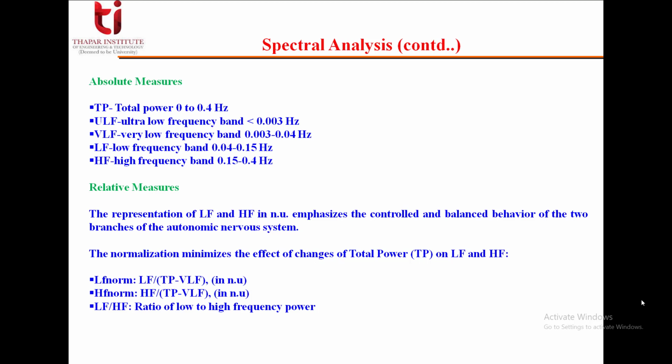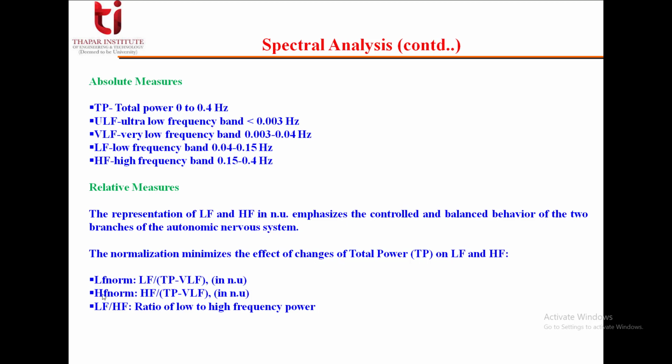The normalization minimizes the effect of changes of total power on low frequency and high frequency components, and they are given as LF norm, that is LF divided by TP minus VLF, that is total power minus very low frequency components, calculated in normalized units.